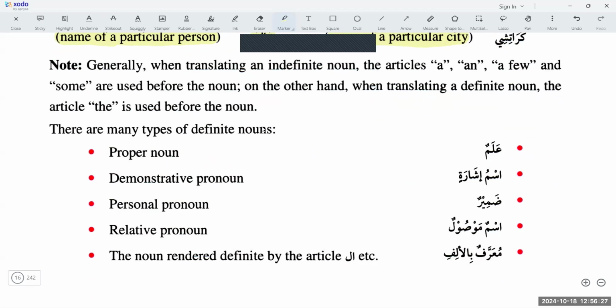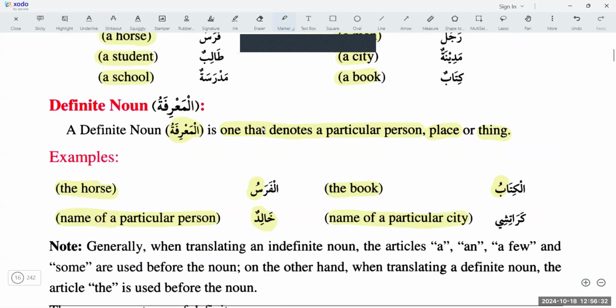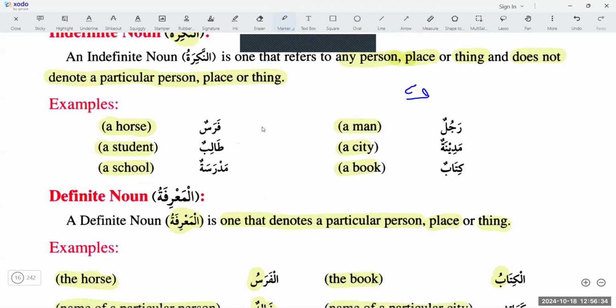Before we go to the marifa, in the indefinite, you said one of the signs of indefinite is the tanween. Is there any sign indicating indefinite apart from tanween?